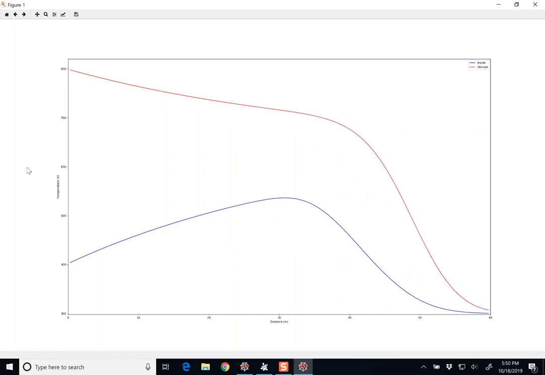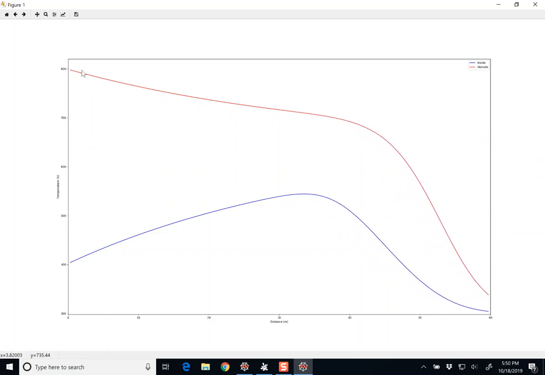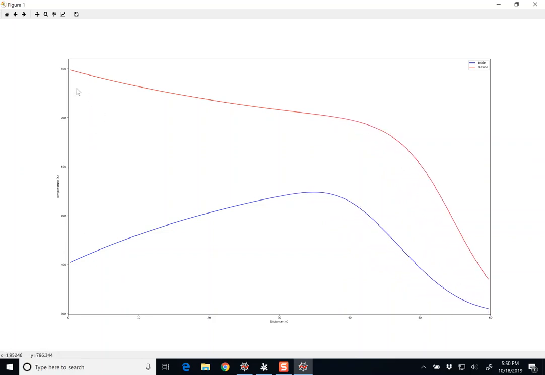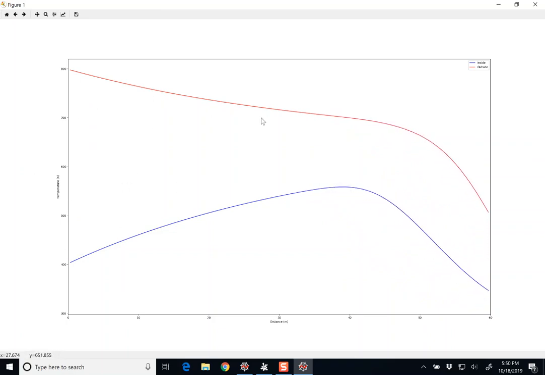Also note that at the beginning we have this large temperature difference, but as the two fluids go along, you can see that temperature difference is shrinking as those two fluids approach each other in temperature. This is one of the reasons why a co-current flow heat exchanger is not always ideal, because the longer the pipe and the more heat exchange you do, the lower and lower your driving force gets for heat exchange.